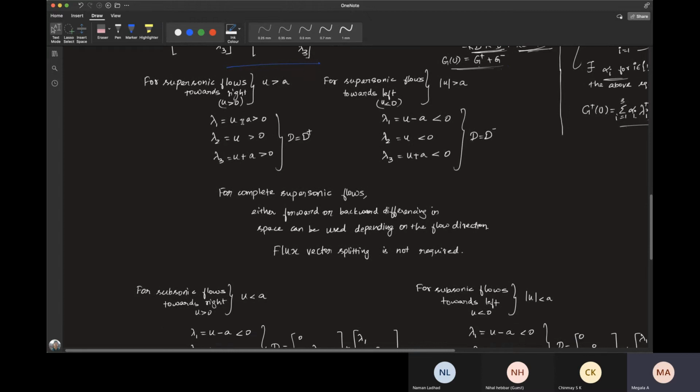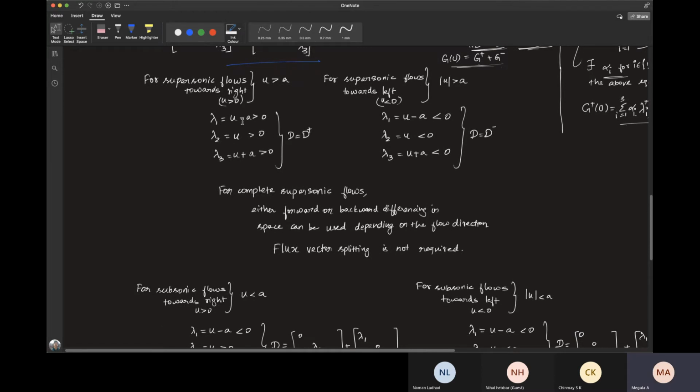So for completely supersonic flows, in some parts of the physical domain, if you consider certain problems, your problem will be supersonic, and in some other regions it may be subsonic. But if you consider problems which are everywhere supersonic, then in that case you will either be doing forward differencing or backward differencing in space depending on your flow direction.